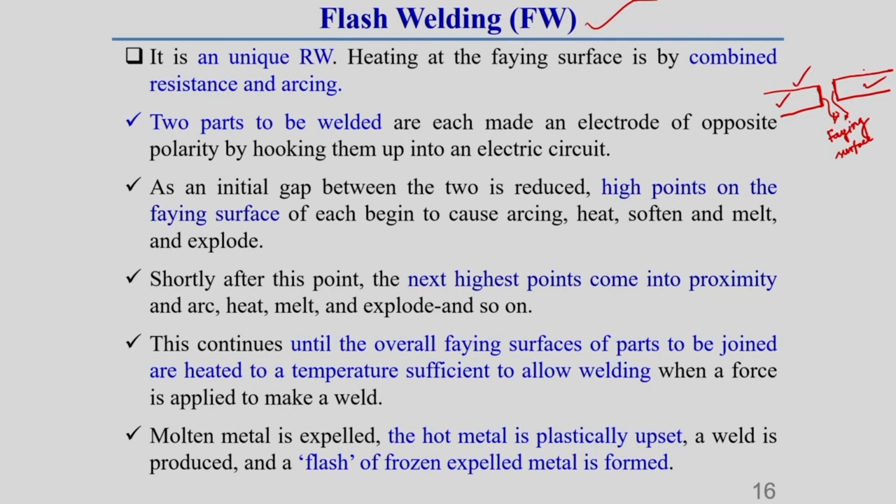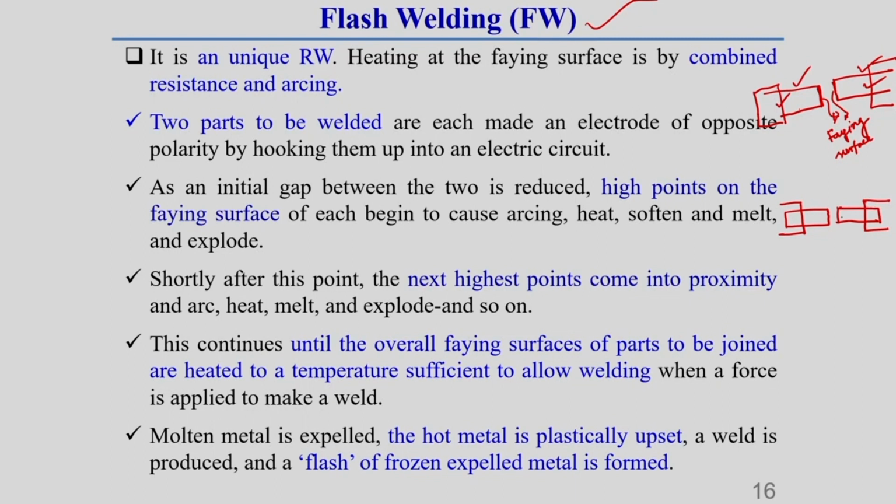Let this be one workpiece, this another workpiece. These two workpieces themselves act as electrodes, because each workpiece is connected with the power source. I am drawing it a little more clearly so it will be clearer.